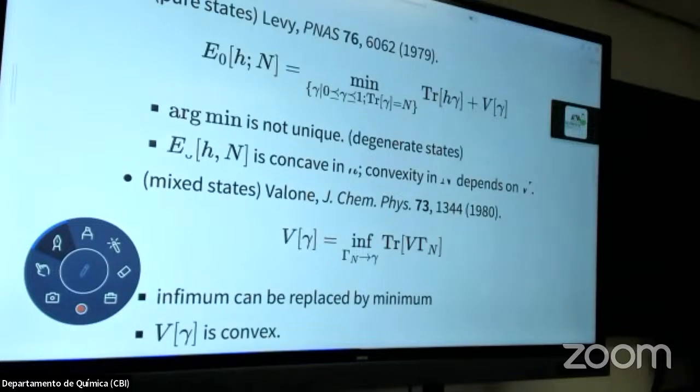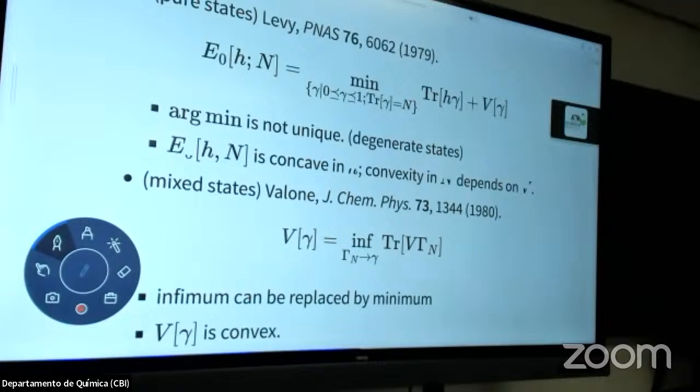Just like Hohenberg-Kohn, the first order density matrix is also enough to tell you everything about the system. Even better than Hohenberg-Kohn, right? Hohenberg-Kohn said, given a kinetic energy operator and an electron-electron repulsion operator, the ground state density was enough to determine the whole system. Now we're saying something stronger. I don't care what your kinetic energy operator is.